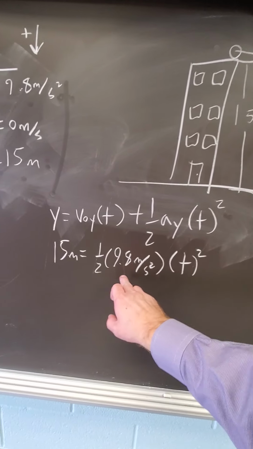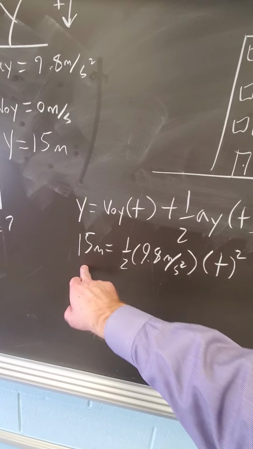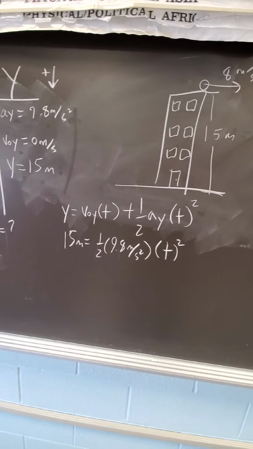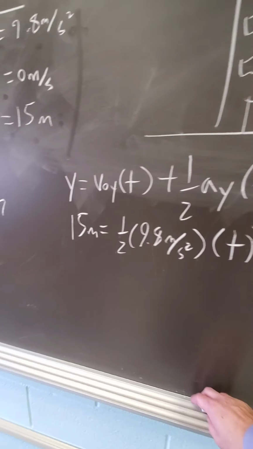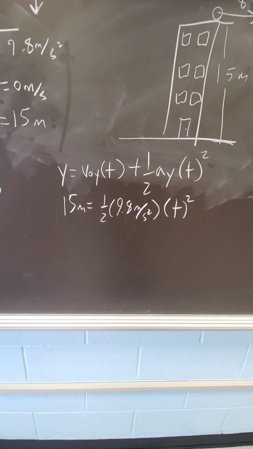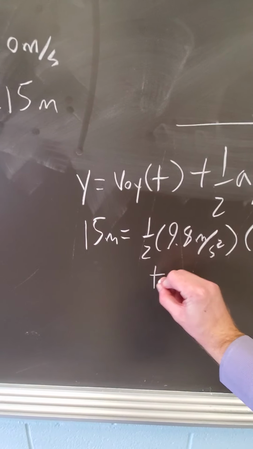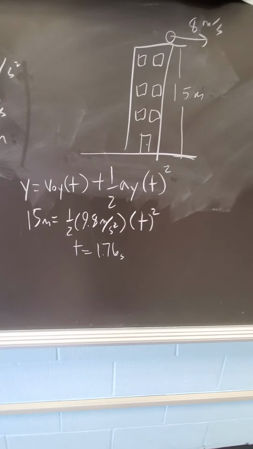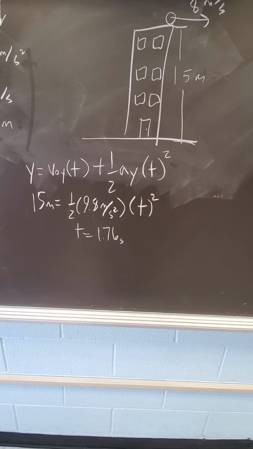Because eventually when you divide these two numbers, you should be getting a positive number, so that when you take the square root, you don't run into some pesky math issues. Okay. If memory serves, time is 1.76 seconds, or somewhere around those lines.